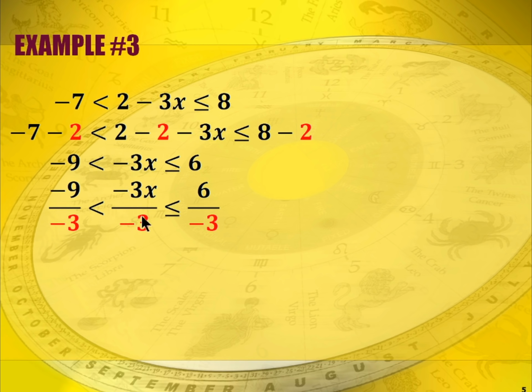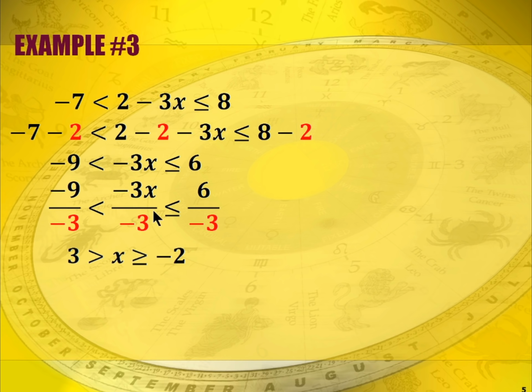So we have negative 3, that's cancel. So 6 divided by negative 3 and negative 9 divided by negative 3. So we have x is less than 3 but greater than or equal to negative 2.